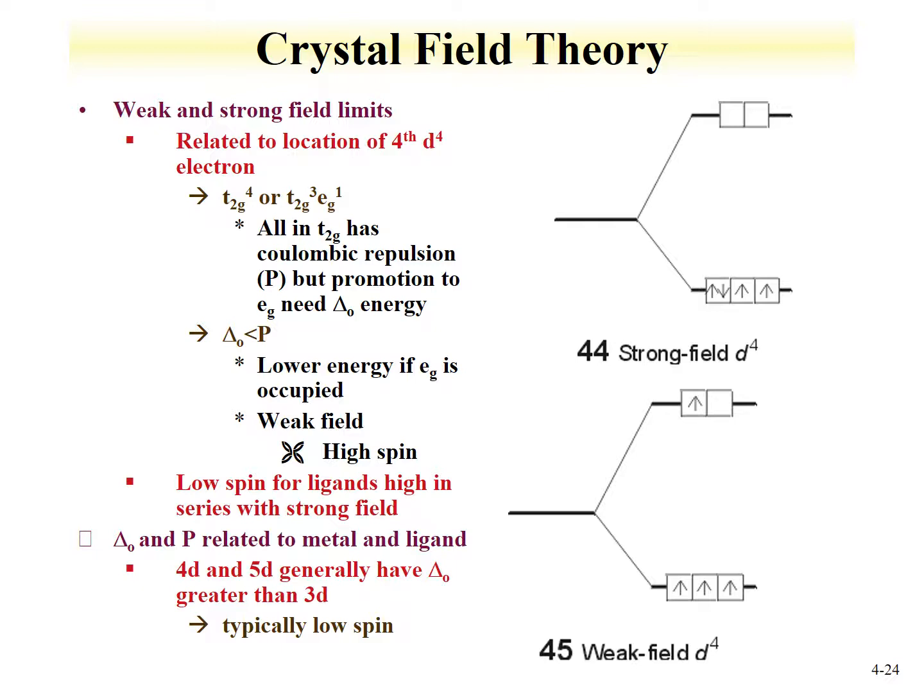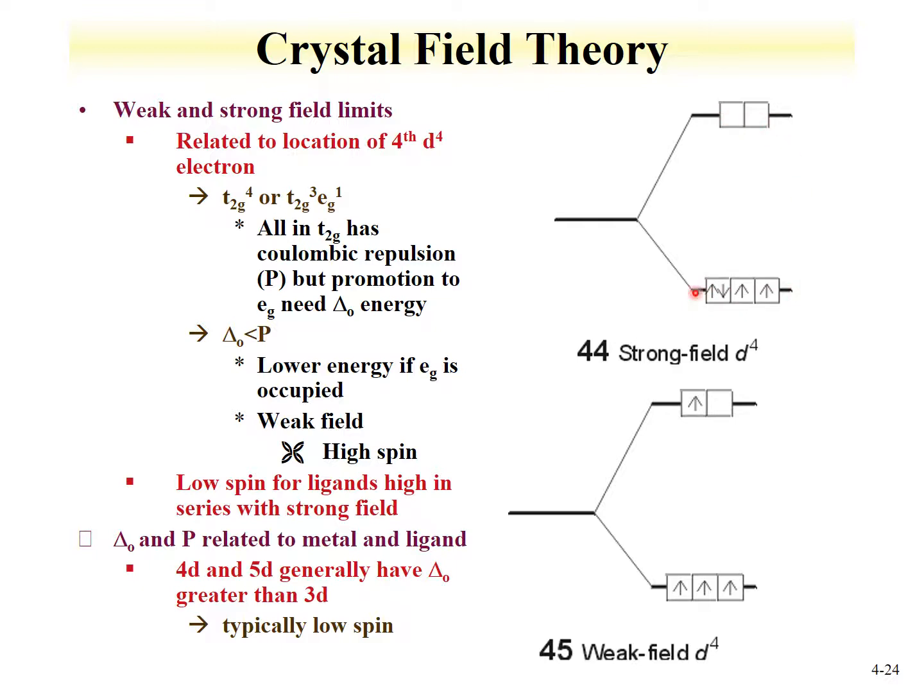The strong and weak fields can really be best examined by evaluating the location of the fourth d electron. So if we look at a d4 system, we can fill the orbitals two ways. These are our T2g, here are our Eg orbitals.